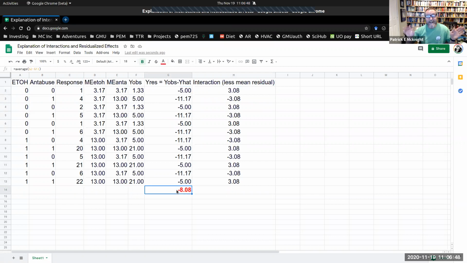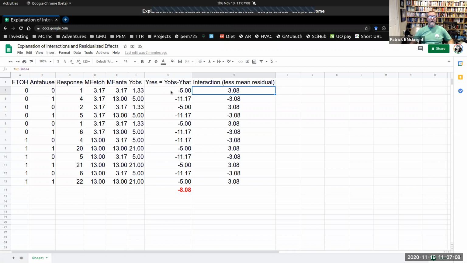So we're centering, we're scaling these so they're centered. By scaling them so they're centered, it gives us centered values. So this value is nothing more than -5 minus an 8.08. So if we subtract a negative, it becomes addition.